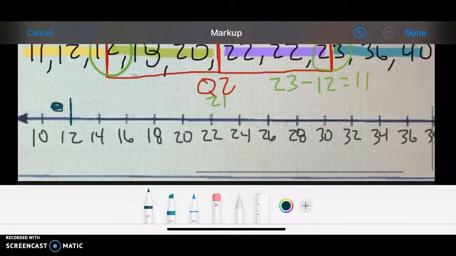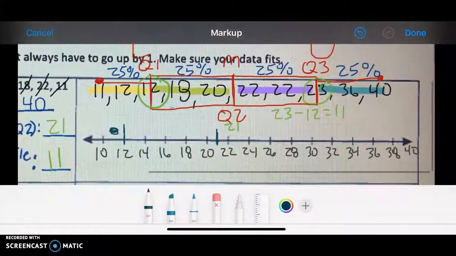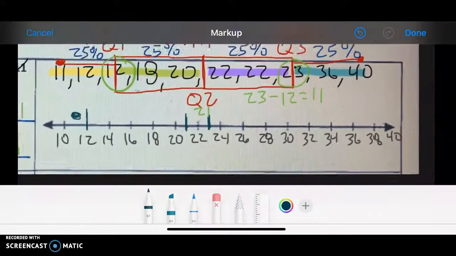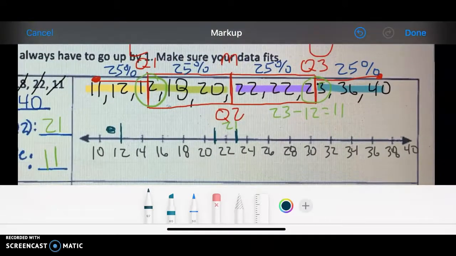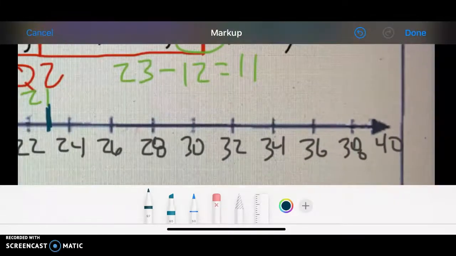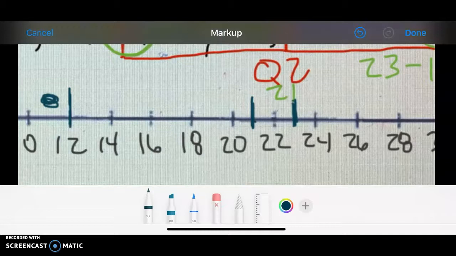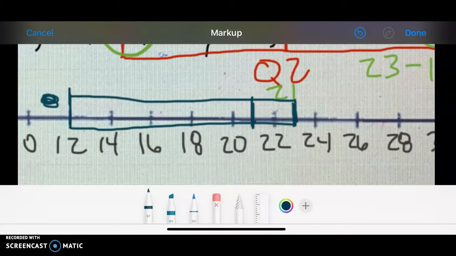We're just going to put a line. And then our quartile 3 was at 23. And our maximum, our biggest number, was 40, which gets the whisker. So this is where people get confused. Let's make our box with those 3 lines. There we go. And then make your whiskers.